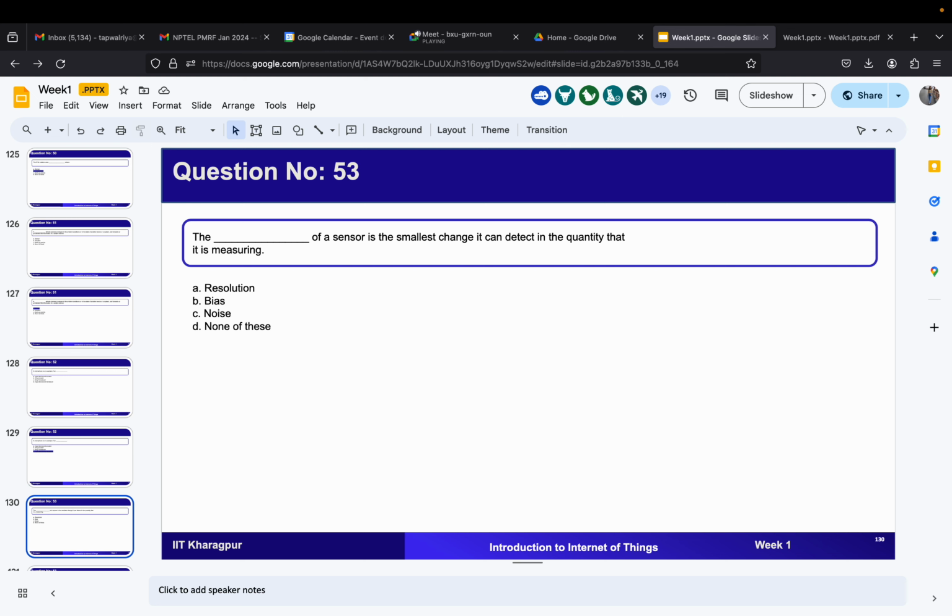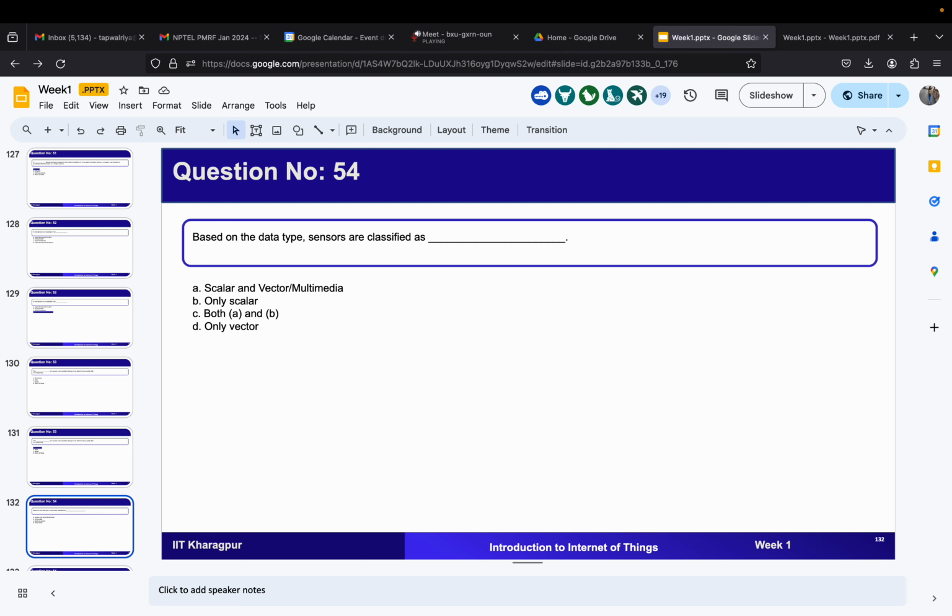Next question is, the blank of a sensor is the smallest change it can detect in the quantity that it is measuring. Options are resolution, bias, noise, none of these. Resolution. You're right, resolution is correct. Next question is, based on data type, sensors are classified as, options are scalar and vector, only scalar, both A and B, only vector.